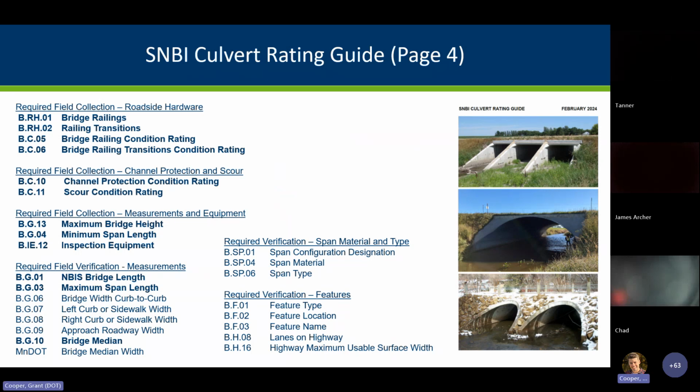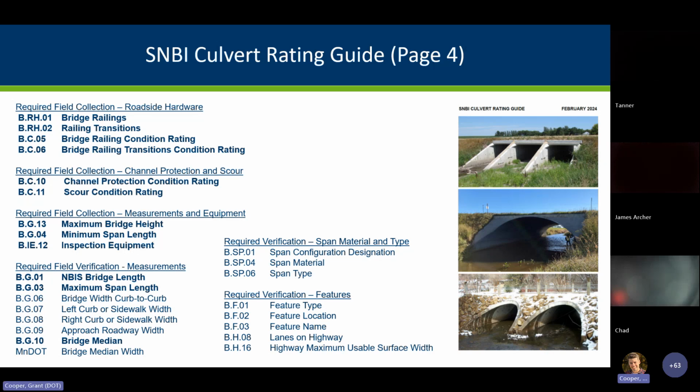Back at the seminars, we did hand out these culvert rating guides, and this presentation is essentially set up on those. If you don't have one, you can print those up on our website. Grant showed you where those are located. If you do have one with you, you can follow through today and run through all these items. I'll be covering the first group, which includes what we call the roadside hardware items and some of the new SNBI condition items.